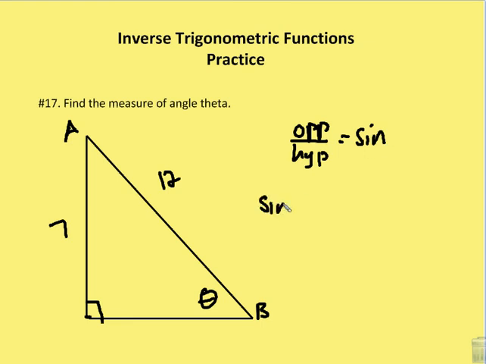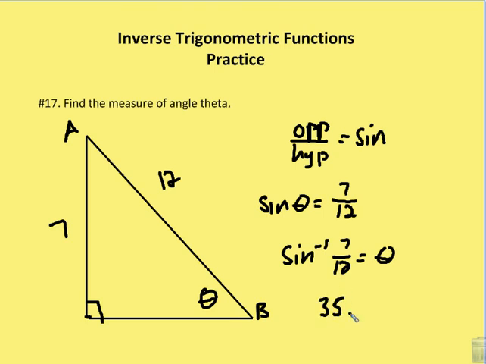So I know that the sine of theta is equal to 7 over 12. I can also rewrite this as the inverse sine of 7 over 12 is equal to theta. So I go back to my calculator and I find the inverse sine function. I type in 7 divided by 12 in parentheses, and I come up with an angle measure that's equivalent to approximately 35.7 degrees.